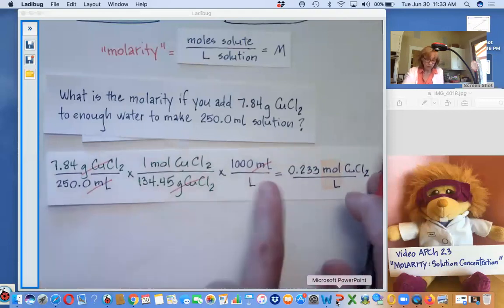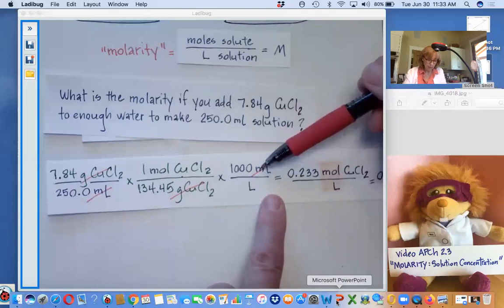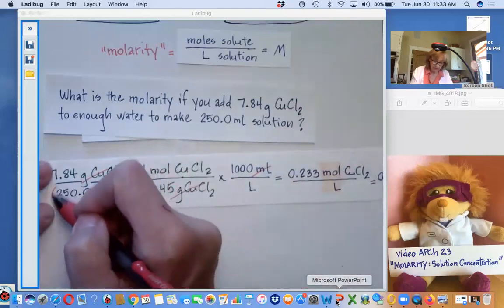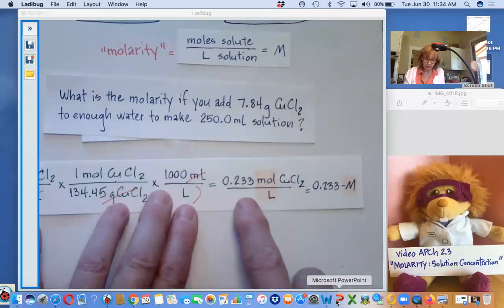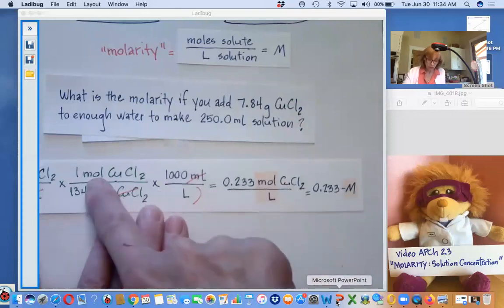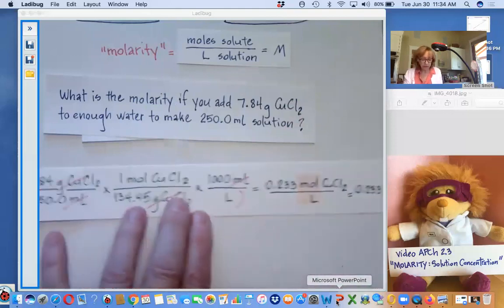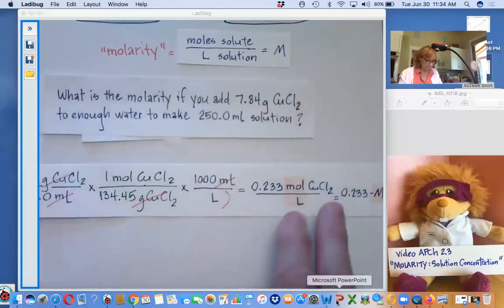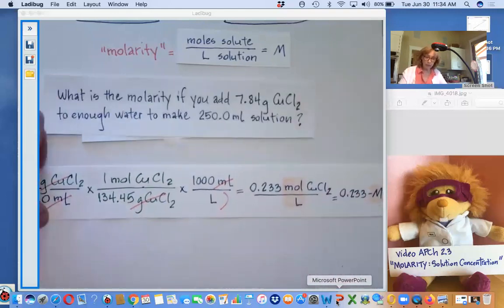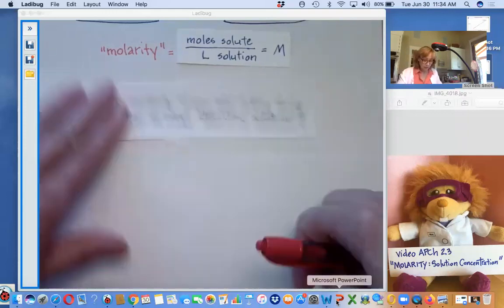So multiplying across in my numerator and then divide by, remember when you have a lot of stuff in the denominator, use parentheses. And that gives me 0.233 moles per liter, or 0.233 molar. So this is all doing the entire problem in one fell swoop, and you may prefer that rather than doing it piece by piece.